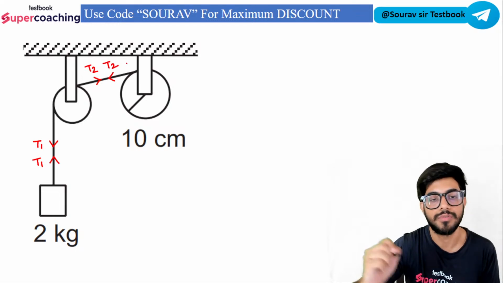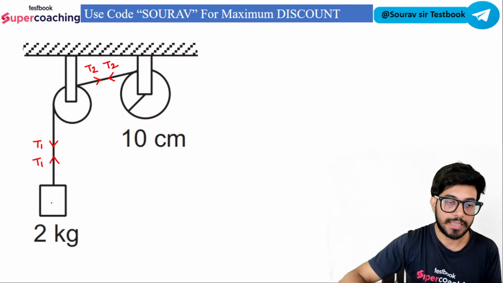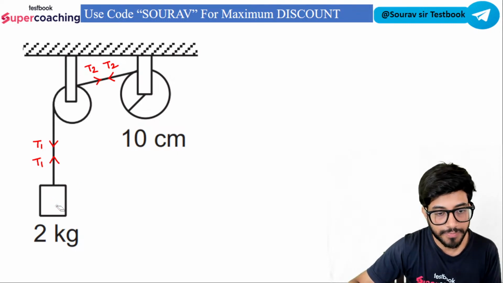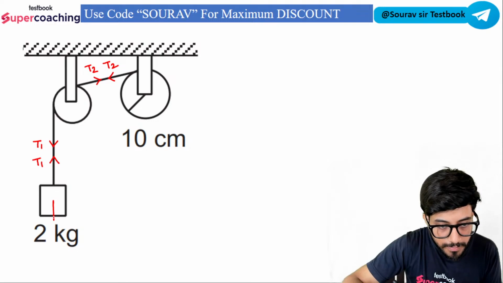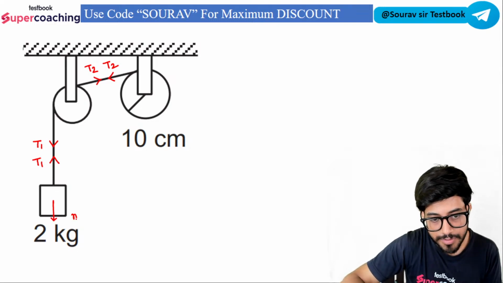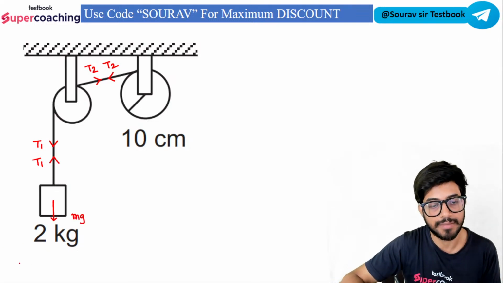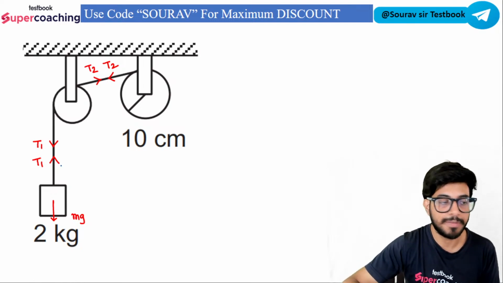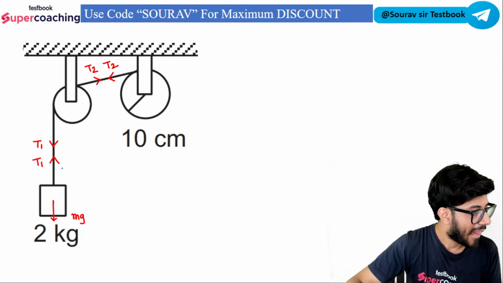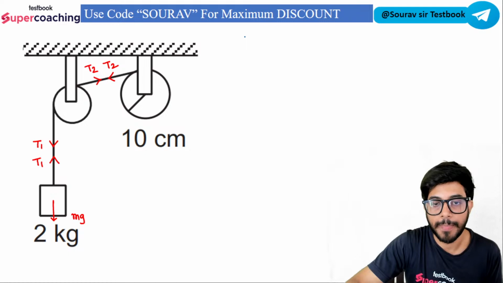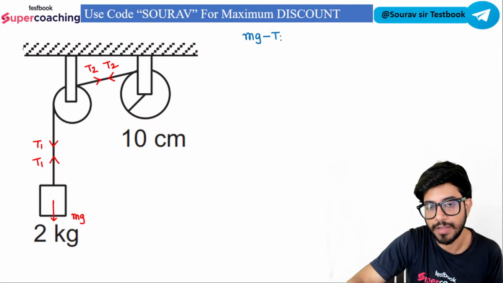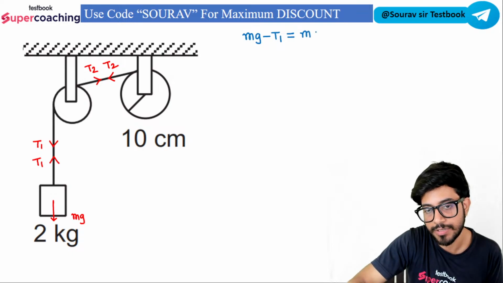Now this one has the weight acting in the downward direction. The weight is mg, right? So I can write mg minus T1 is equal to m into a, mass into acceleration.